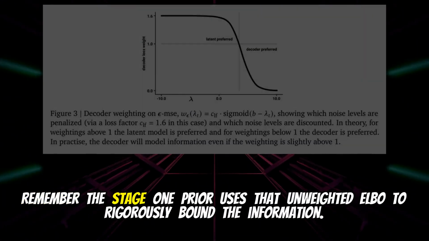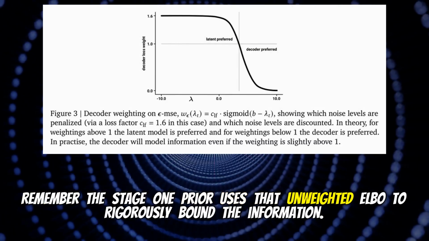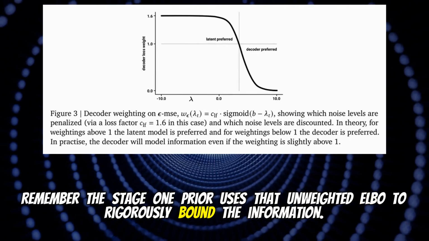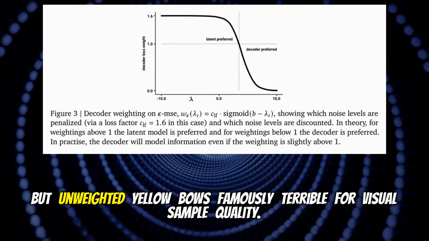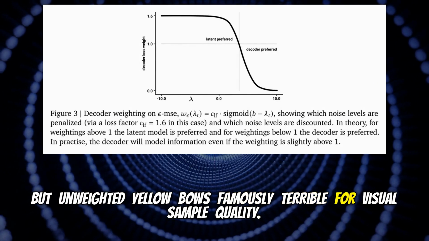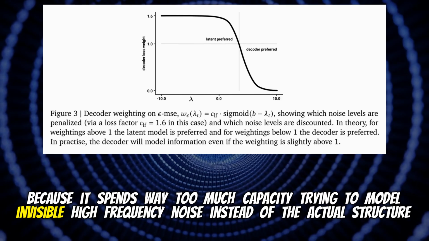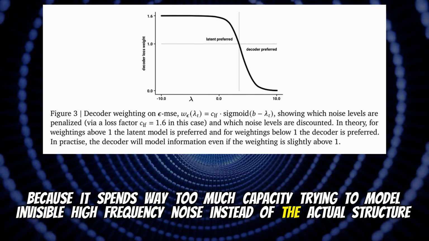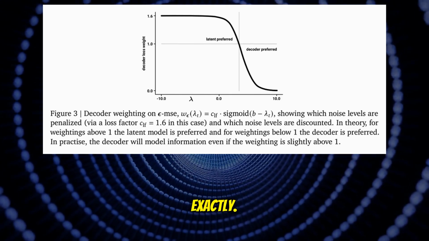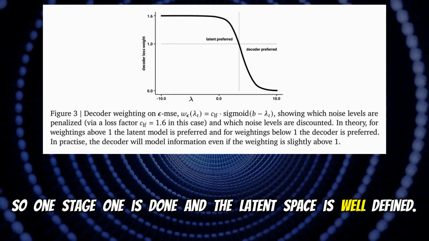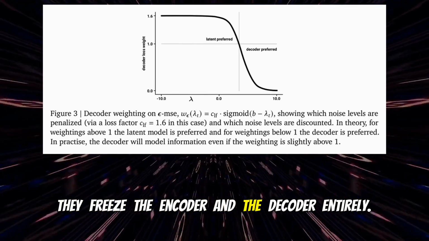Correct. Remember, the stage 1 prior uses that unweighted ELBO to rigorously bound the information. But unweighted ELBO is famously terrible for visual sample quality. Because it spends way too much capacity trying to model invisible high-frequency noise instead of the actual structure of the image. Exactly. So once stage 1 is done and the latent space is well defined, they freeze the encoder and the decoder entirely.